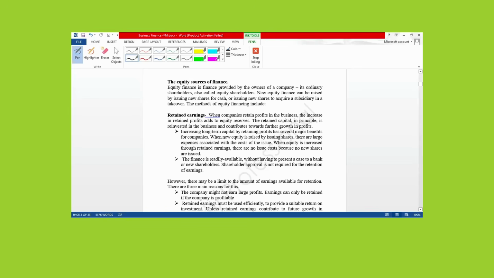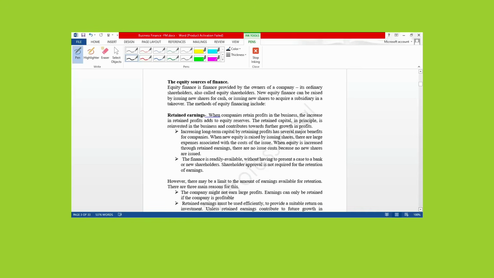Companies can decide to use their retained earnings to finance their business. You can use your retained profits to finance your business.